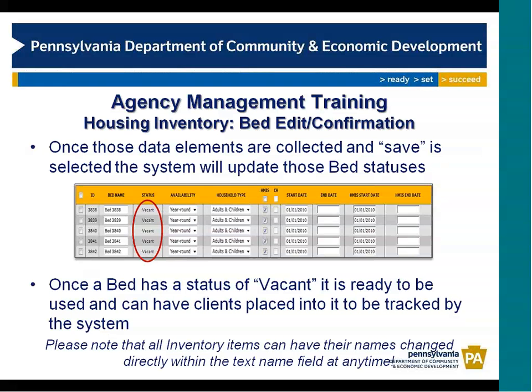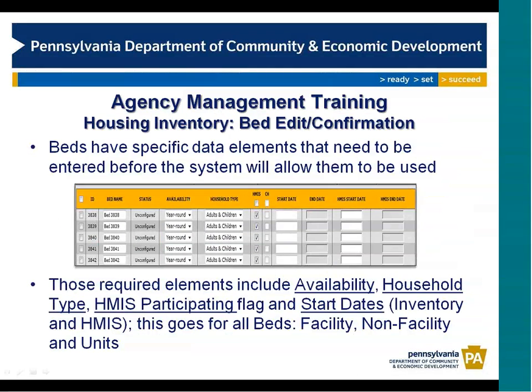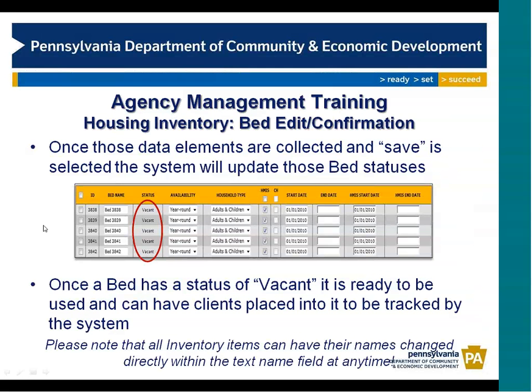Once a specific bed has been configured, meaning it has availability as well as start dates and accompanying HMIS dates, and you hit the Save button up at the top, which will show you the configuration tools available for each section, the system will turn the status from unconfigured, which means it's not ready, to vacant.